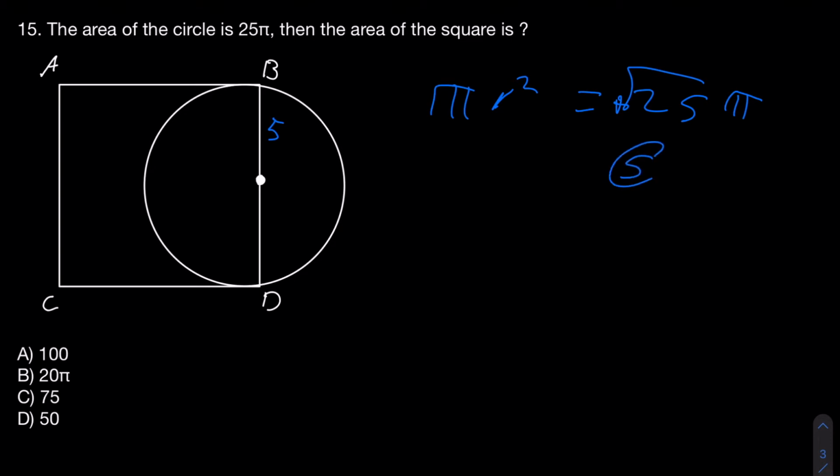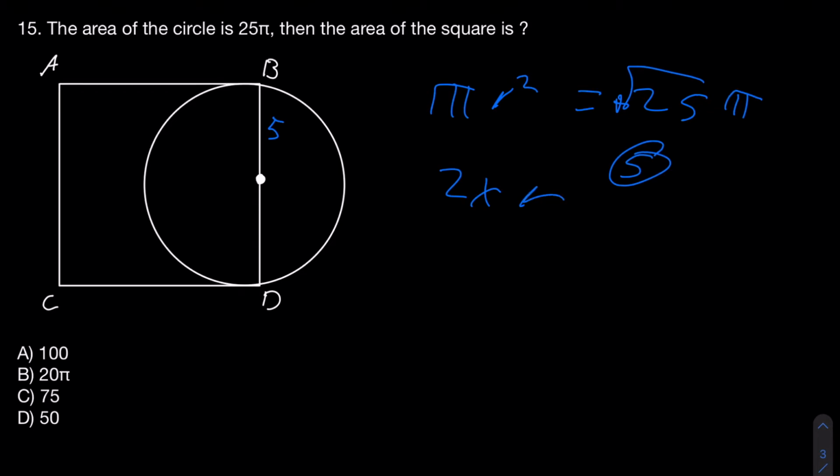So that's the radius. Okay, so then the diameter is just 2 by r, right? That's this part. That's the diameter. So then that would mean that the other side is also 5, which will make it 10.